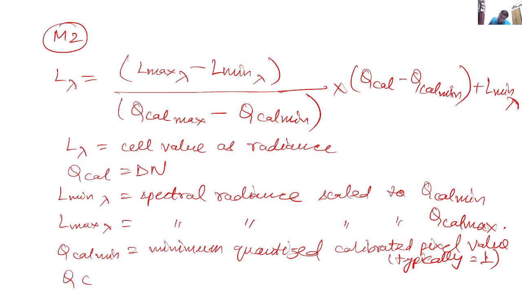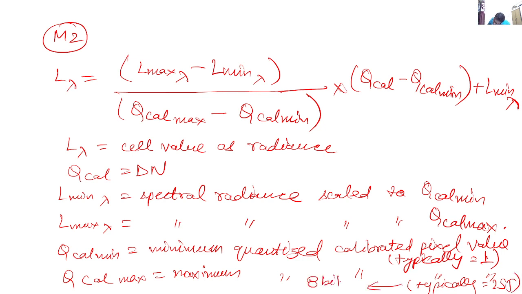Q cal max is the maximum quantized calibrated pixel value, typically 255 for an 8-bit image, because there are 256 discretizations.